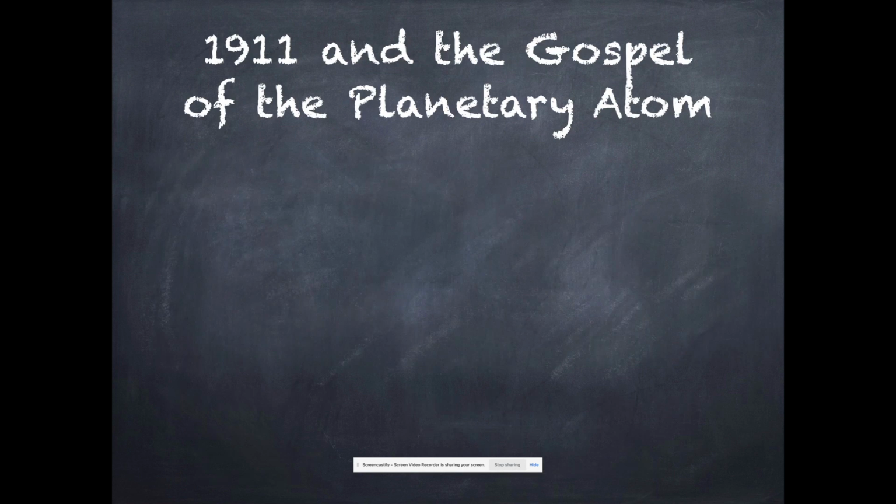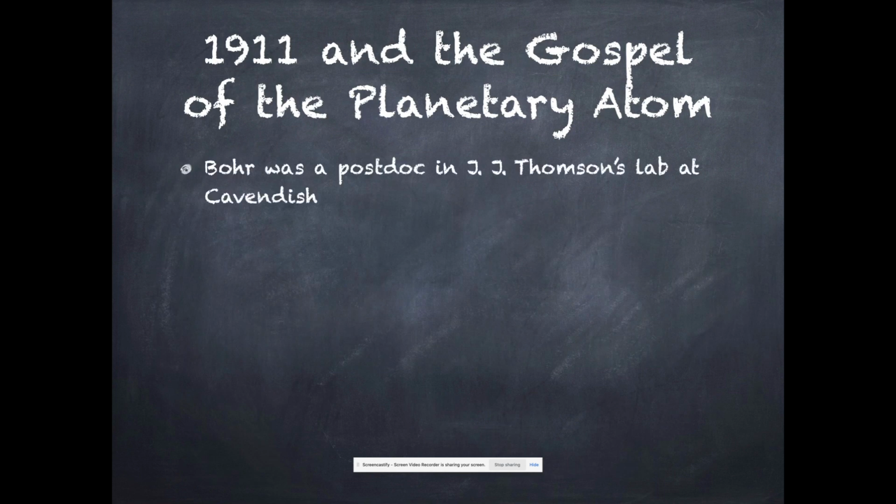Okay, now, here's a weird story. In 1911, there's a guy named Niels Bohr. Now, Niels Bohr was working as a postdoc in J.J. Thompson's lab. Bohr was from Denmark, specifically Copenhagen. Both his parents were professors.